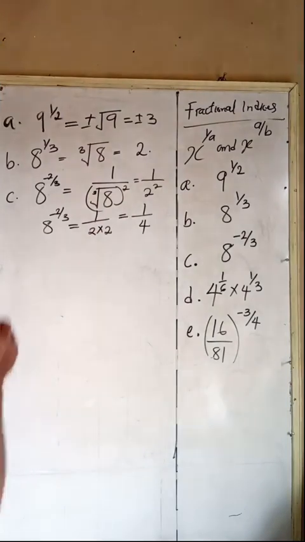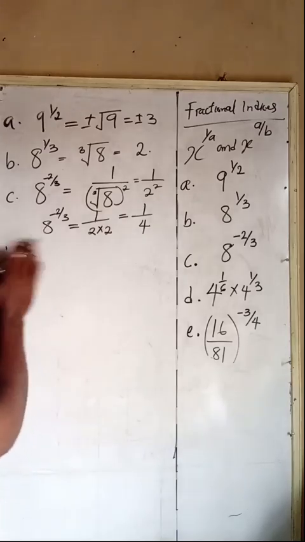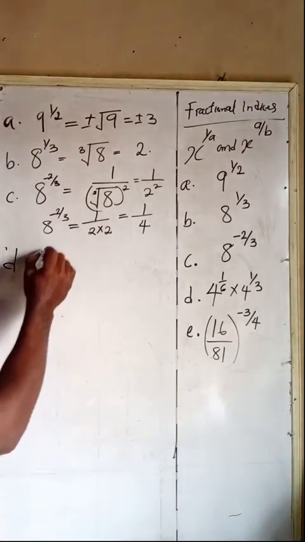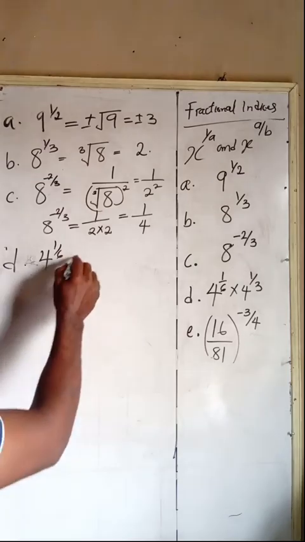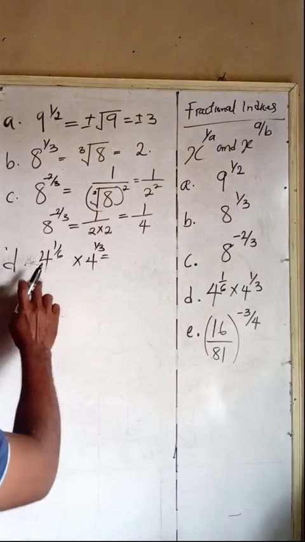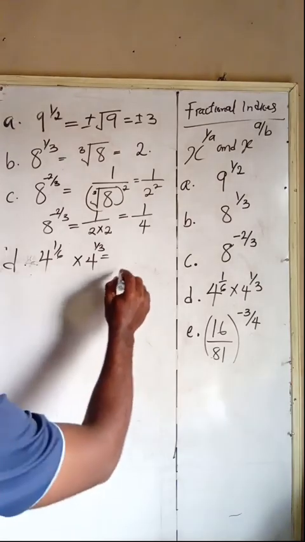So let's do the D part, which we have 4 raised to power 1 over 6 multiplied by 4 raised to power 1 over 3. Since it's a multiplication, we take only one base from the first law of indices.